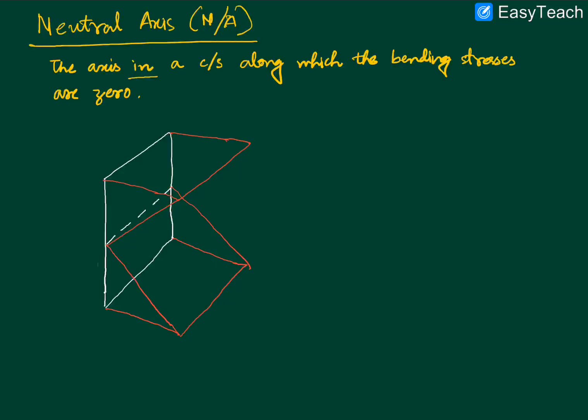The picture that I am thinking of is where the cross section of the beam which is above the neutral axis, if this dashed line represents my neutral axis, the part which is above it is under tensile stress, in which case the bottom part would be under compression, or if I consider the other way around, that the top part is under compressive stress, then the bottom part would be under tensile stress. So let me draw the latter.